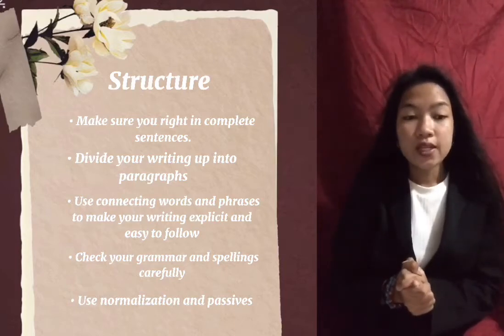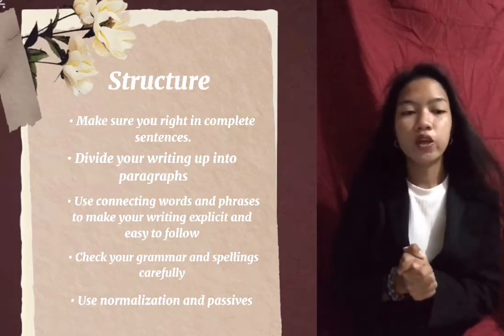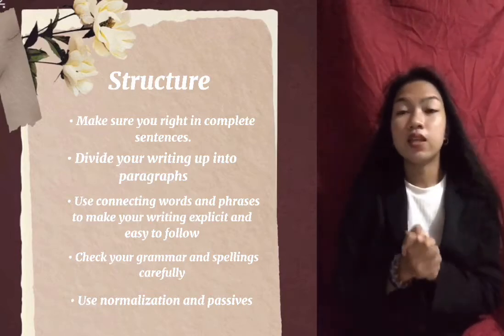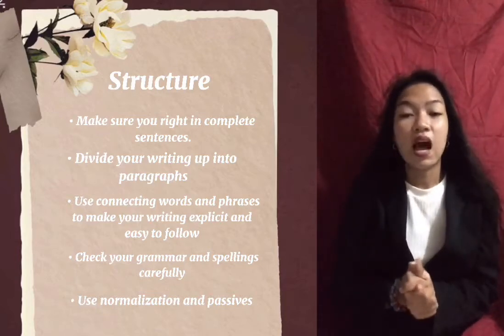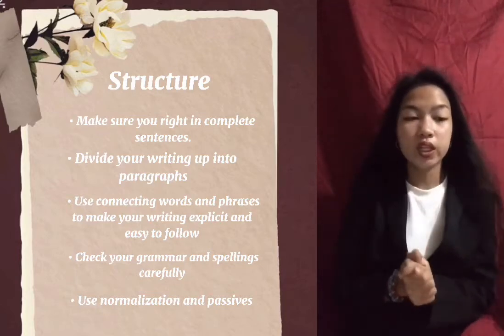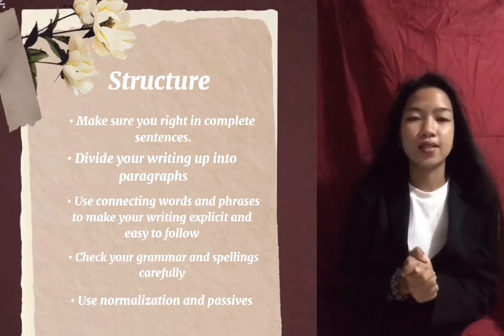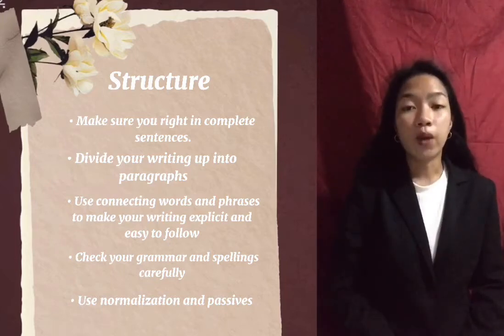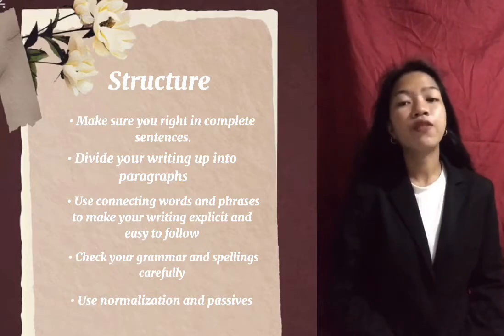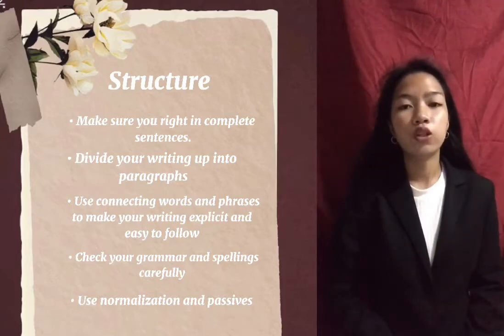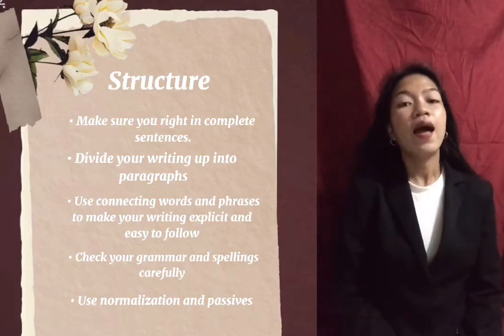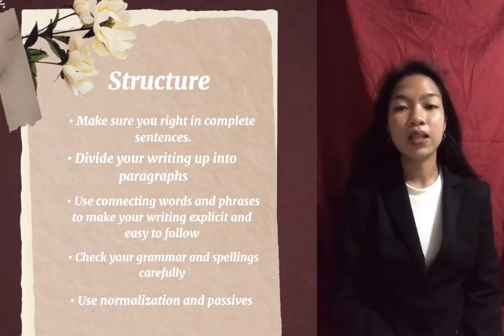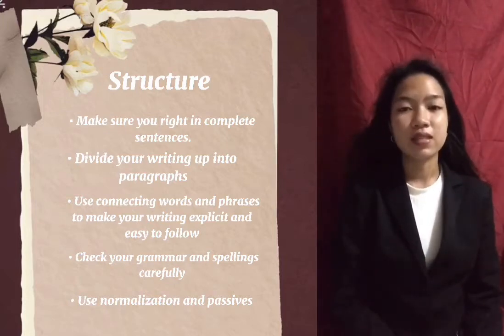Use connecting words and phrases to make your writings explicit and easy to follow. It must have coherence and cohesion to connect your words. Check your grammar and spelling carefully. Always double check your work. And lastly, use nominalizations and passives.